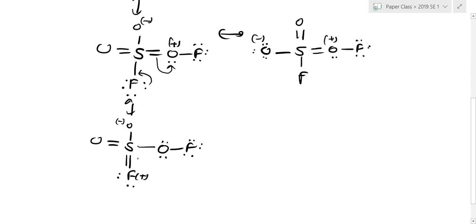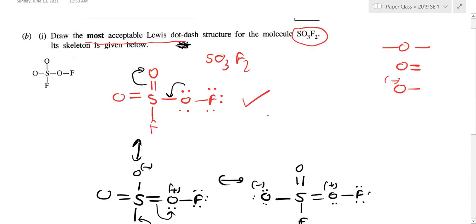This is true. Okay, this is true. Or else in here also you can draw like that one. Let's forget this. This is enough for what I am teaching.